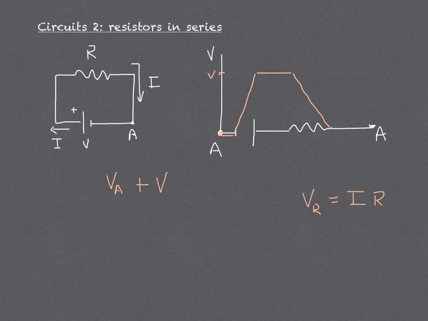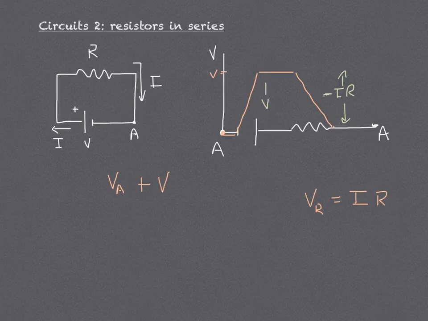So the value of this drop is negative IR. Okay, so that drop is negative IR. This rise is the total voltage. So in my equation I have minus IR.